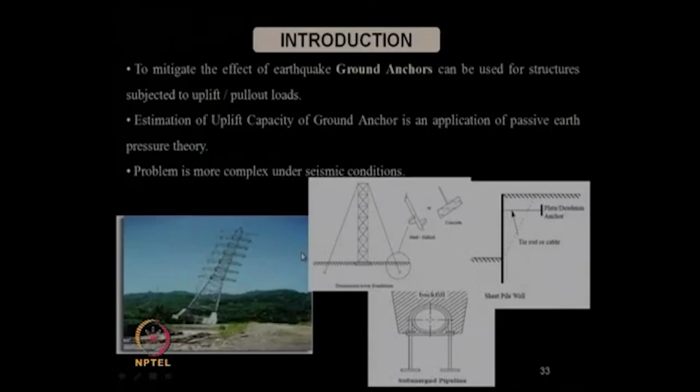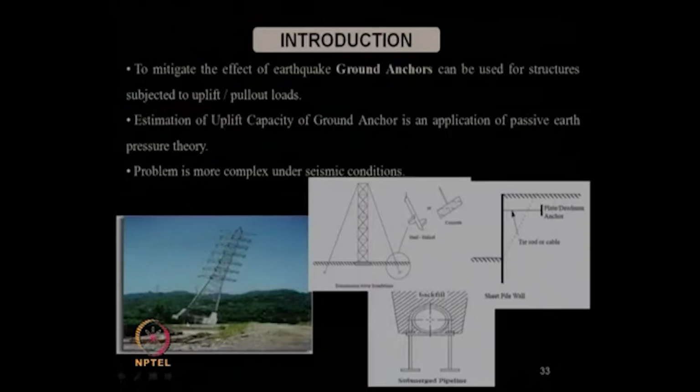Now, what are ground anchors? As we all know, to mitigate the effect of earthquake, ground anchors can be used for structures which are subjected to uplift or pull out type of load. So, which are those structures? Like transmission towers, chimneys, tall buildings. These are always subjected to some kind of pull out load or tensile load or uplift load.